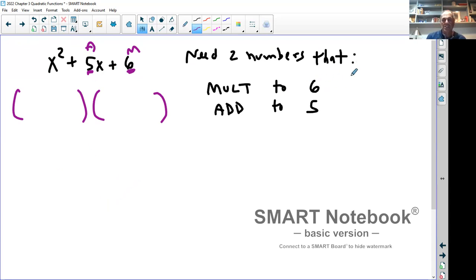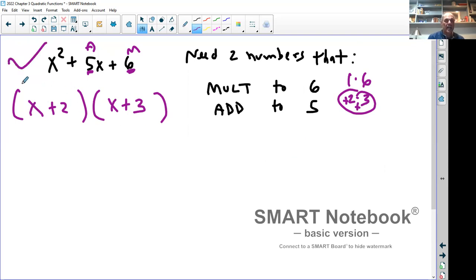Well, what numbers multiply to 6? 1 times 6 and 2 times 3. Which combo adds to 5? 2 and 3. So we get x plus 2, x plus 3. That's it. Once you find the right combo, it's a positive 2 and a positive 3. So x plus 2, x plus 3. And if we FOIL it, we get that.